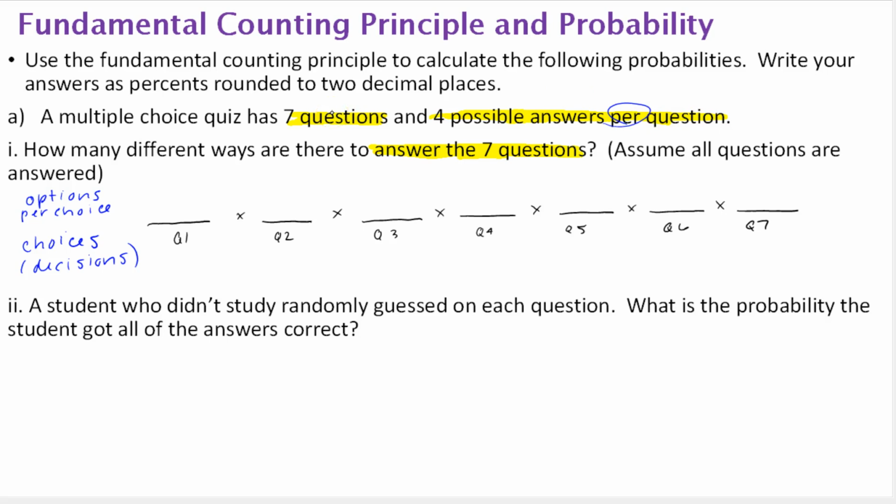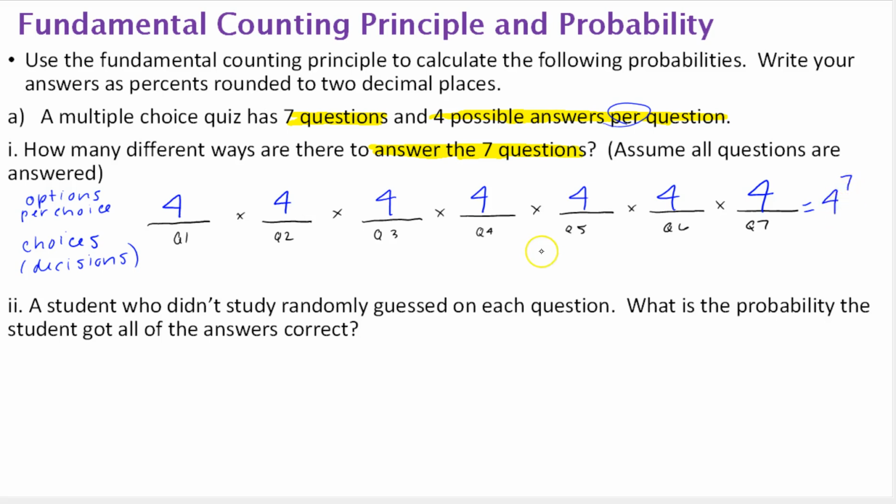Okay, so now by the fundamental counting principle, we can multiply the number of options per choice times each other. And in each case, there are 4 possible answers, so we have 4 options per question. Okay. So we'd multiply 4 times itself 7 times. And we have another way to write this in mathematical notation that's less tedious, and it's 4 to the 7th power.